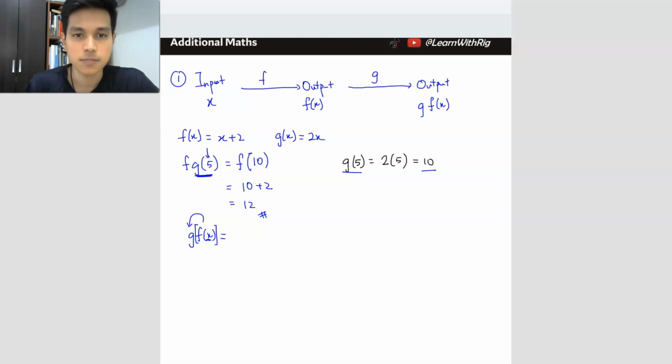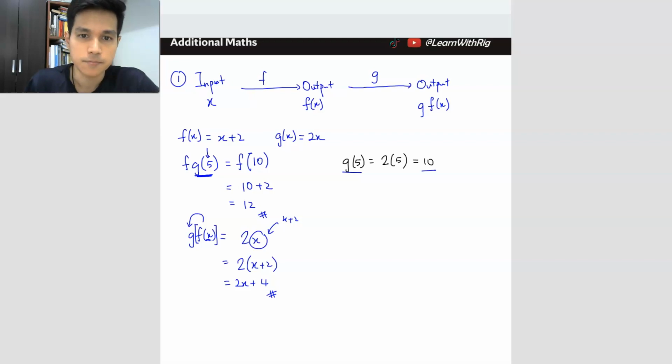The f(x) is substituted into the g function. The g function is 2x, so this x here you substitute with the f function, which is x + 2. So it becomes 2(x + 2). So your answer is 2x + 4. Clear? That's how you solve it.